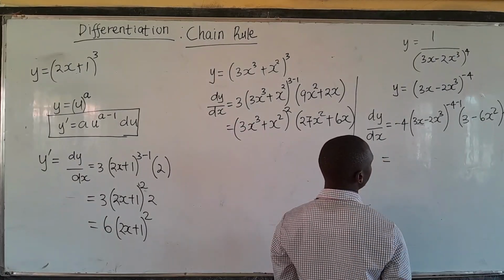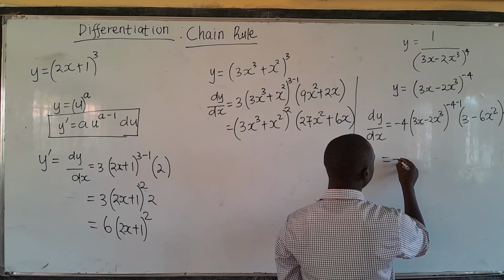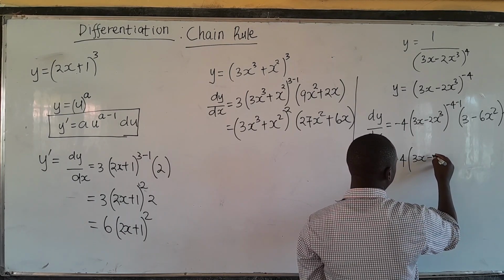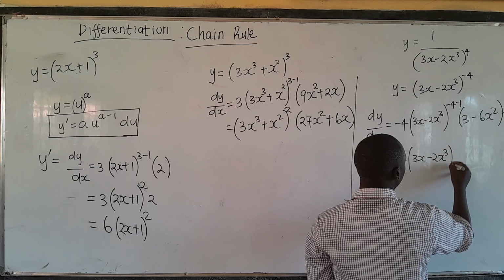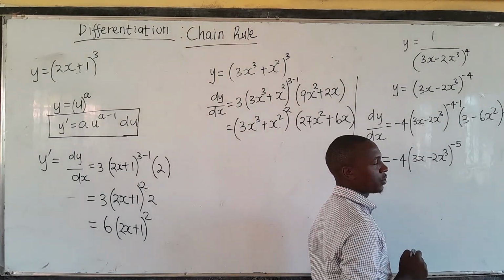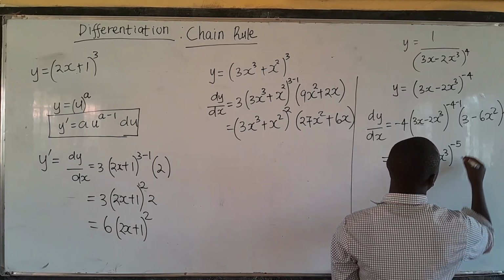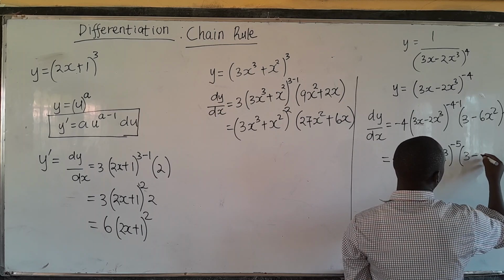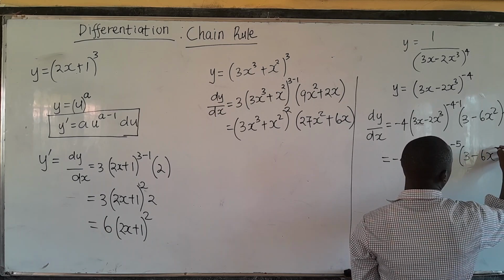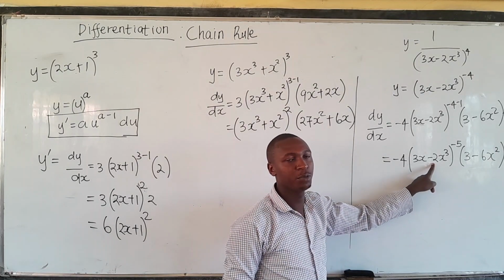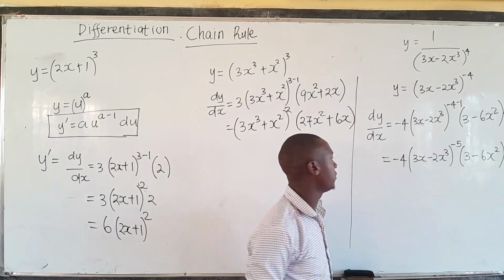So this is going to be equal to negative 4 into (3x minus 2x cubed) raised to negative 5, because negative 4 minus 1 is negative 5, multiplied by (3 minus 6x squared). So again, you notice we can make this a denominator and make this positive.